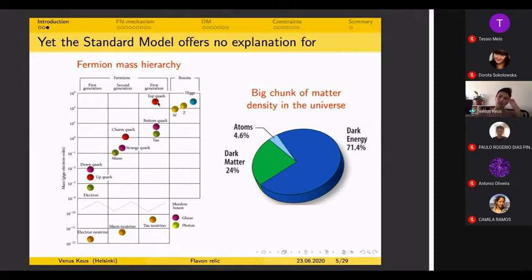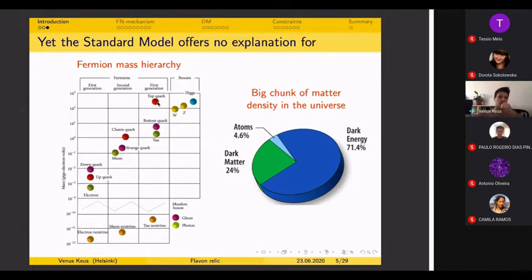And with the standard model claiming that all these masses are somehow described by the Higgs mechanism, you have no reason why there should be such a big hierarchy between the masses.